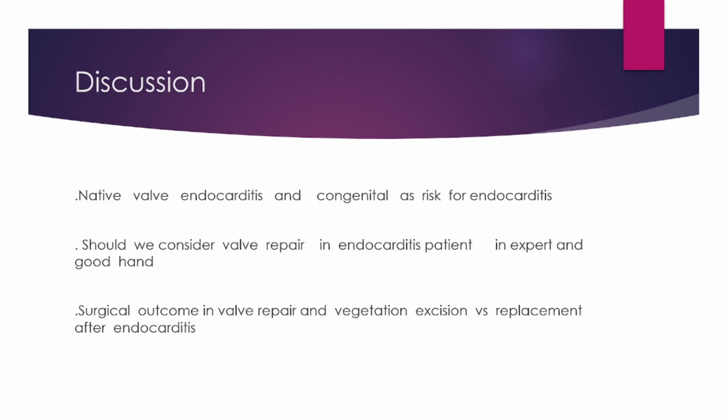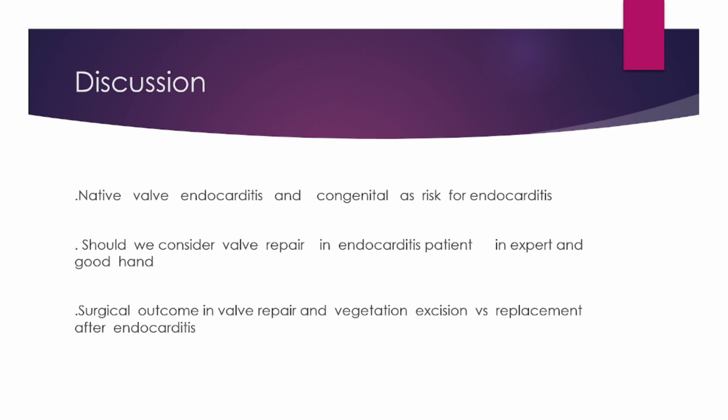So basically, my discussion or my message, which I have no real clue about 100%, is that should we consider the PDA, a non-cyanotic heart disease, as a risk or potential risk for endocarditis? Should we give prophylaxis based on geographical variations? My discussion is should we consider valve repair as the usual manner for endocarditis patients?